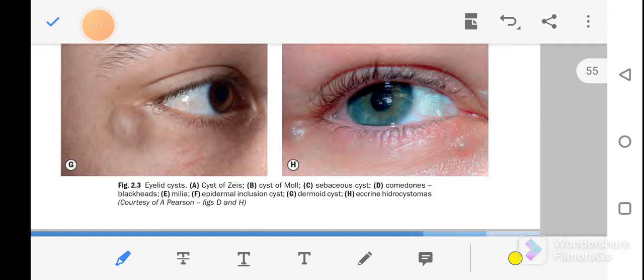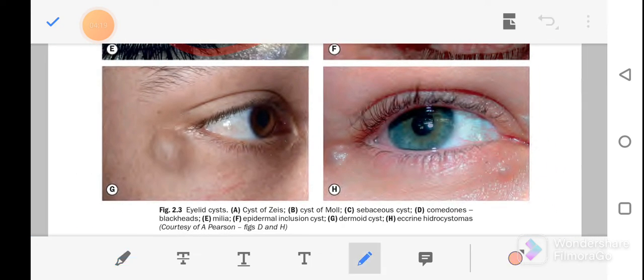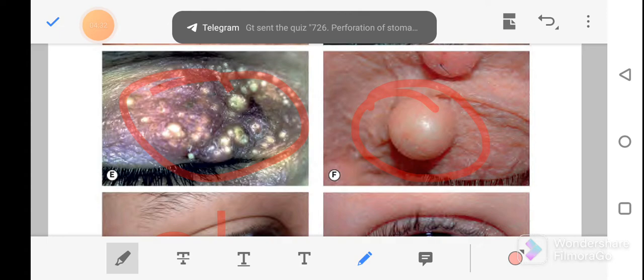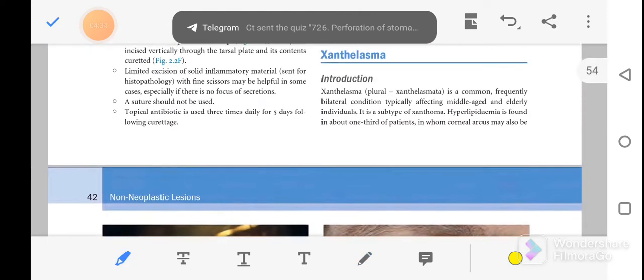So G is the dermoid which is attached to the periosteum, and F is the epidermal inclusion cyst, which is caused by the implantation of epidermis into the dermis following trauma or surgery.